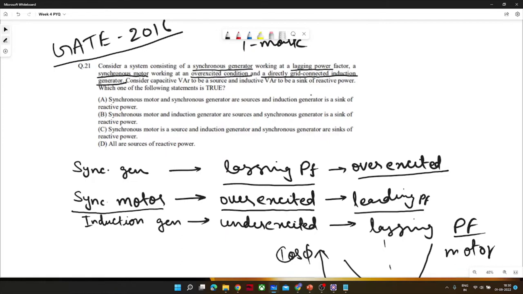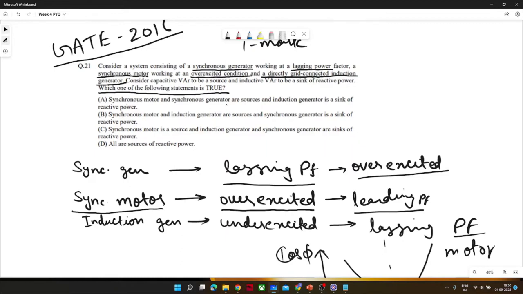A capacitor can deliver reactive power and an inductor will absorb reactive power. That's why capacitors are sometimes known as condensers, or overexcited synchronous motors are sometimes known as synchronous condensers. So we have to choose which statement is correct.